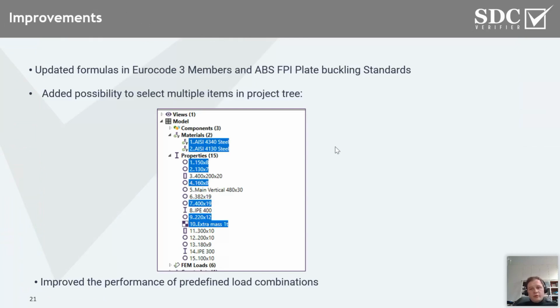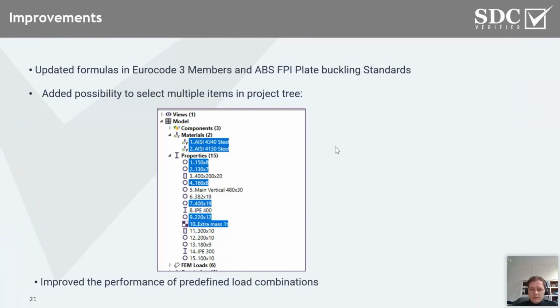Also, we have improved the performance of predefined load combinations. I know that not all of you have used that. Besides the standard load sets and load combinations in SDC Verifier, it's possible to have predefined automatic load combinations from a library, where the user just has to define the type of individual load, and the combinations are built completely automatically.